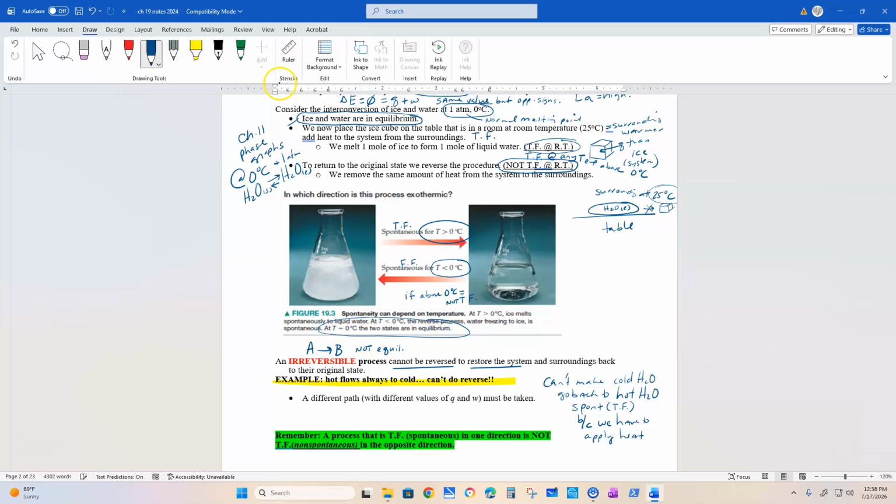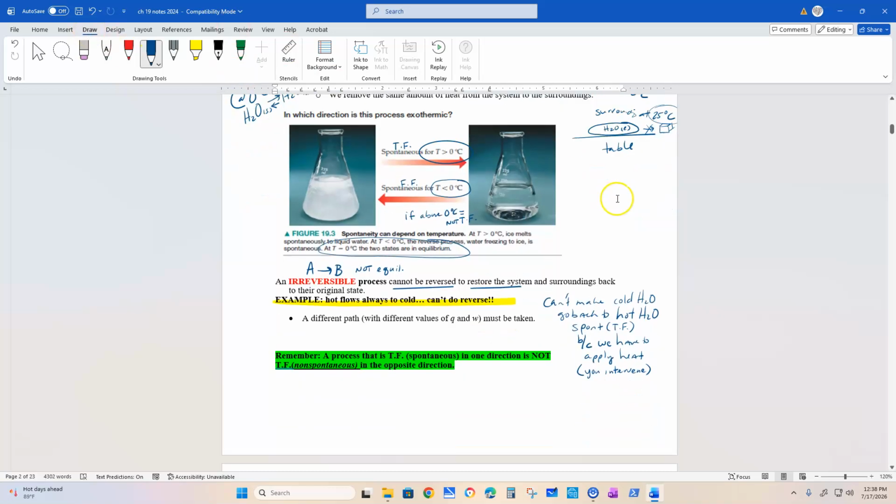And that means you had to interfere. And if you interfered, okay, you intervened, that means it's not thermodynamically favored, okay? So a different path with different Q and different W must be taken, okay? So this is why it's very important to know what type of reaction it is. So remember, a process that's thermodynamically favored in one direction is not thermodynamically favored in the opposite direction unless temperature changes, okay?